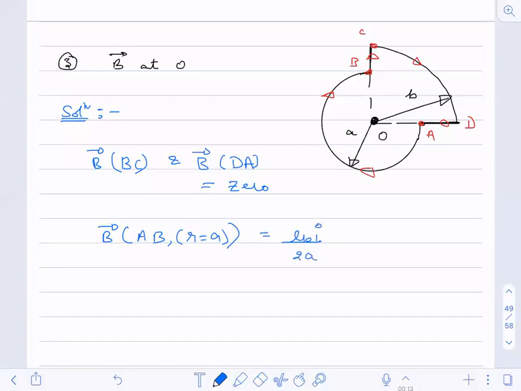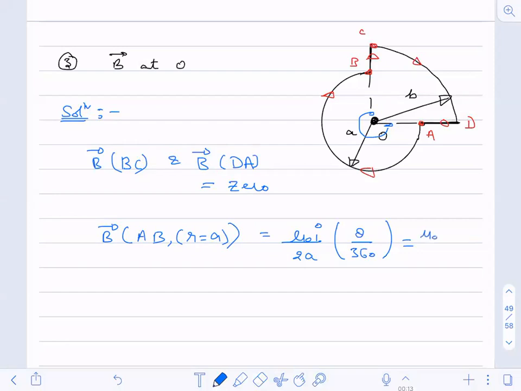We write 2R, R is the radius, so here A is the radius, so I'm writing A. Now, we write here theta by 360. Can you tell me what is the angle subtended by these two radial lines? What theta value shall I put over here? 270. Very good. So it will become 270.